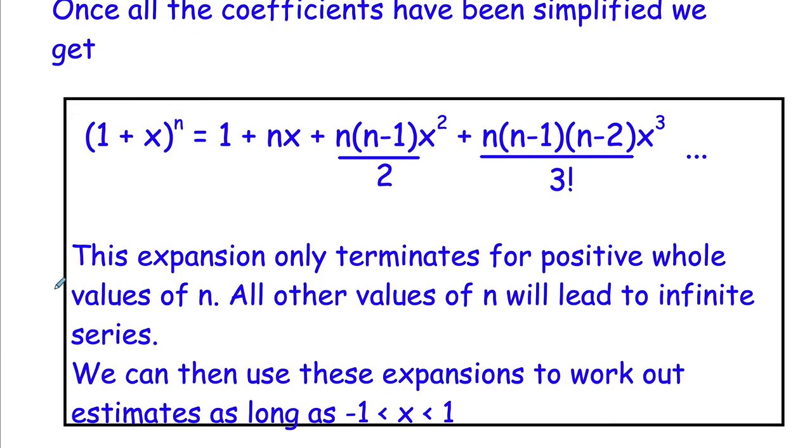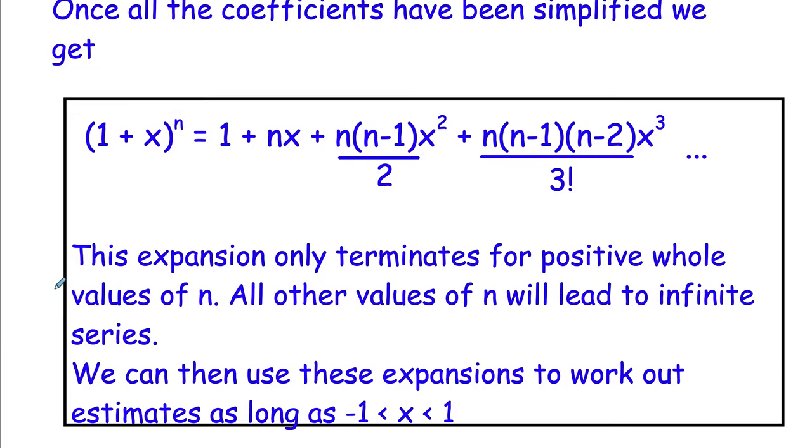We will do more of this in lesson 2 or 3, but for now what you need to know is that these expansions will be useful for providing estimates as long as x is between -1 and 1.